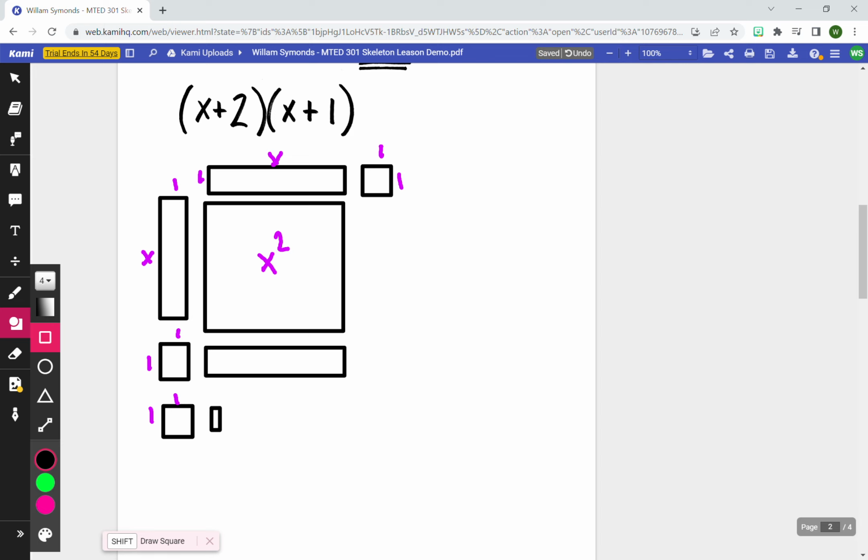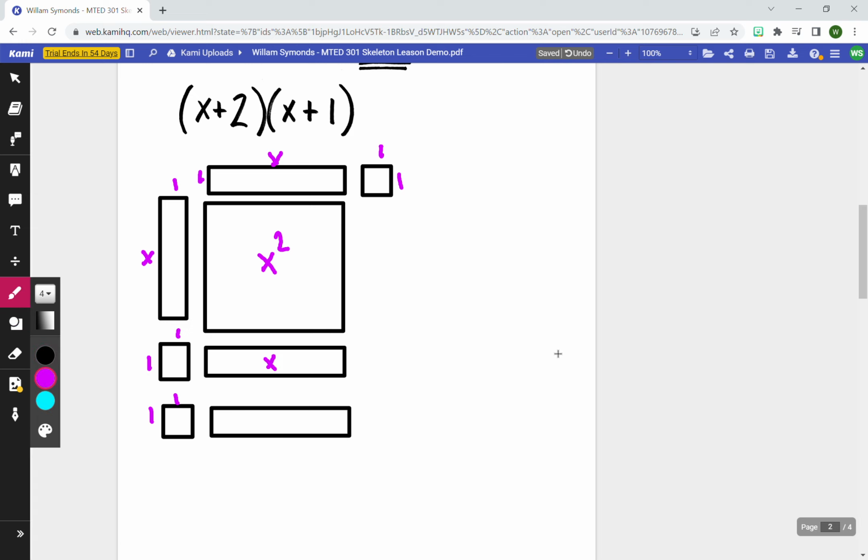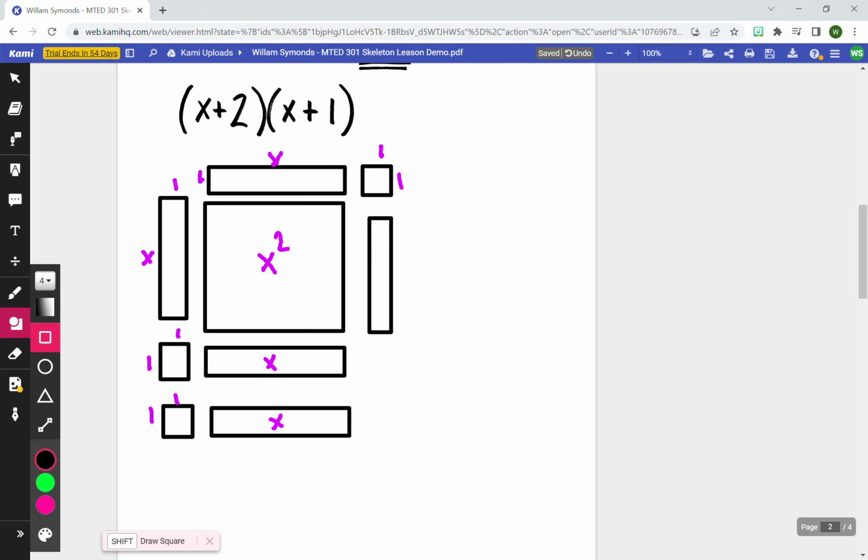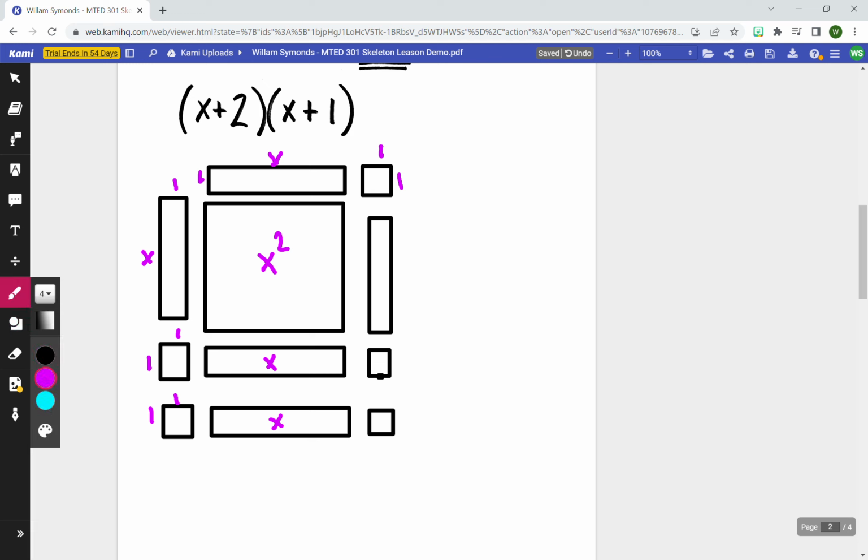That would happen again down here, where if I multiplied x by 1, I would get x. And we could do the same for the box on the right. We would get x times 1, and then 1 times 1, which would give us a little box, and another little box for 1 times 1. Again, we have 1, 1, x.